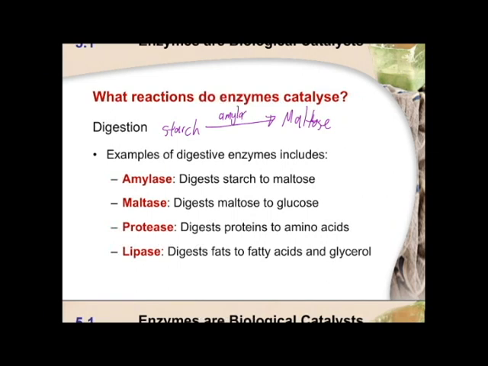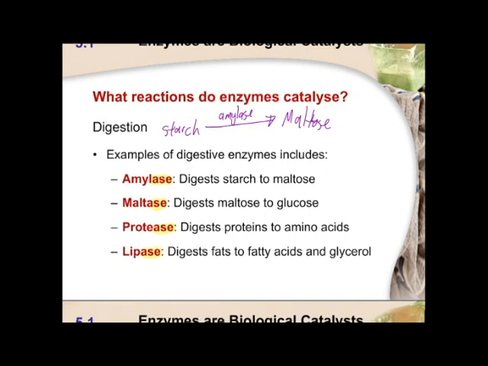Similarly, maltase is another one, and the trick is that most enzymes end with ASE. Of course, the naming of the enzyme usually follows the name of the substrate.